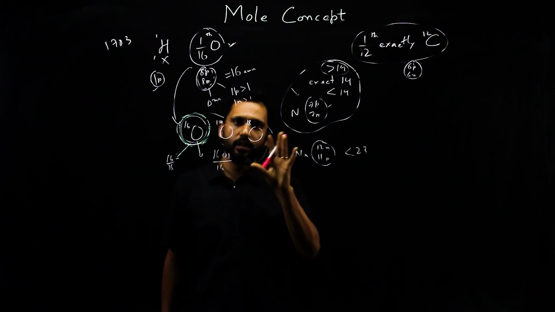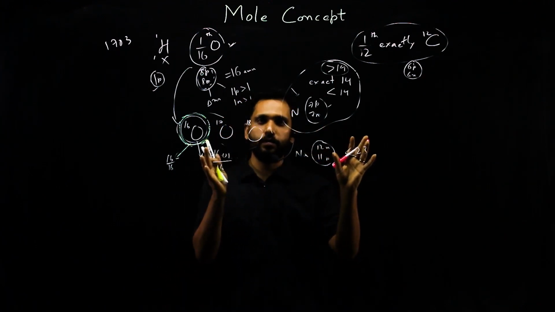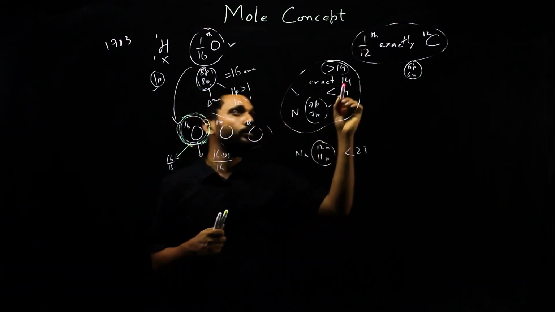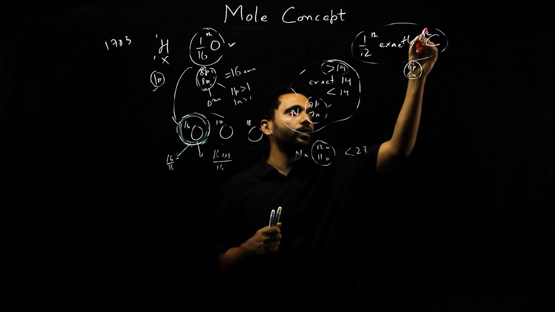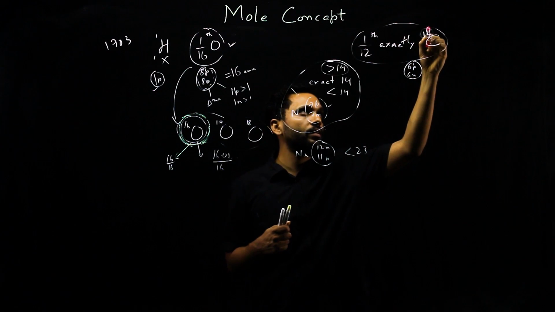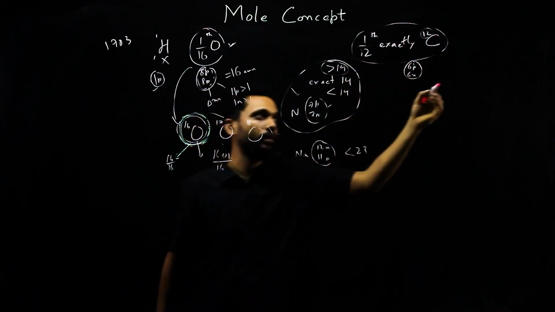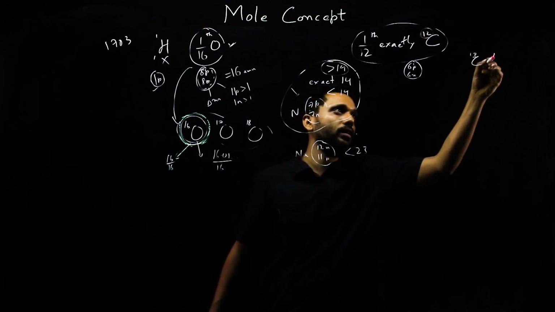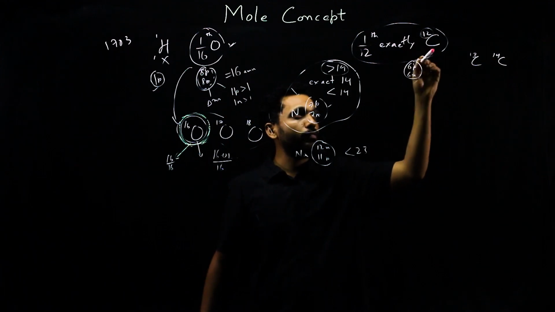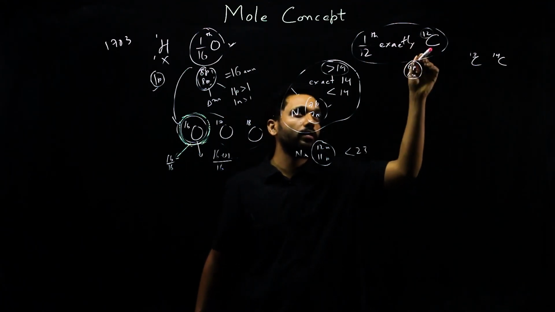So they took altogether a different atom, again which is vastly found in combination with other things, particularly organic. So they chose carbon, and this time they were quite insistent and specific about this, that they're taking the carbon 12 isotope only. Carbon has other isotopes, you have 13, you have 14, but it was defined this time that it is the isotope 12 we are going to take, and 1/12 of that.